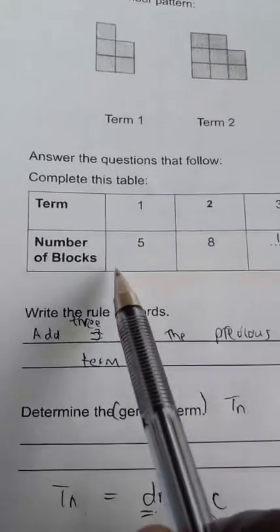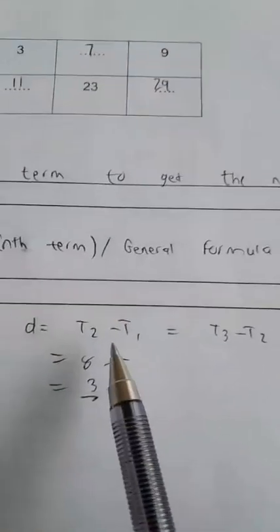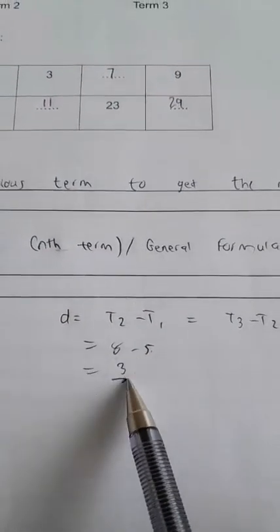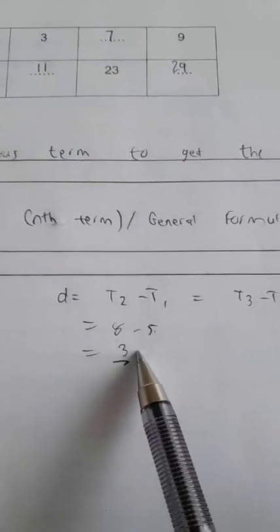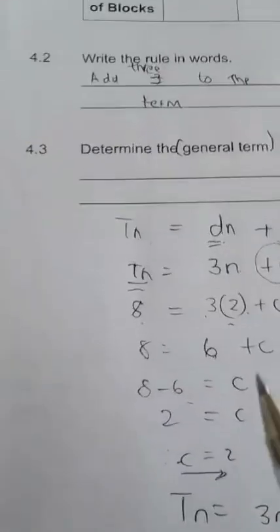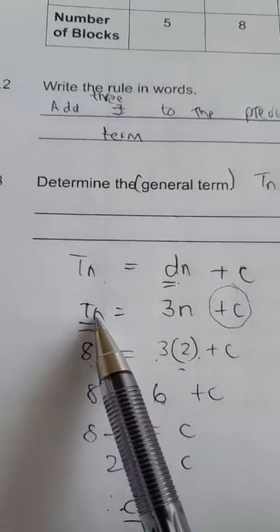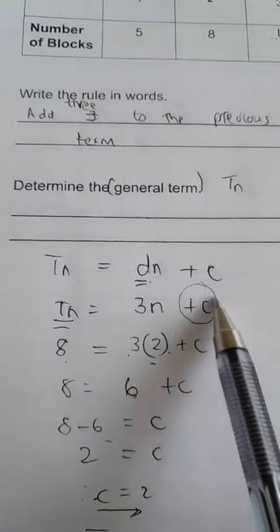For a linear pattern that has constant differences, we have T2 minus T1, we check, we get 3. If we take T3 minus T2, we still get 3. T3 is 11 minus 8. 11 minus 8 is equal to 3 still. Then we say Tn is equal to 3n plus C. The only thing left to do is to calculate our C value.